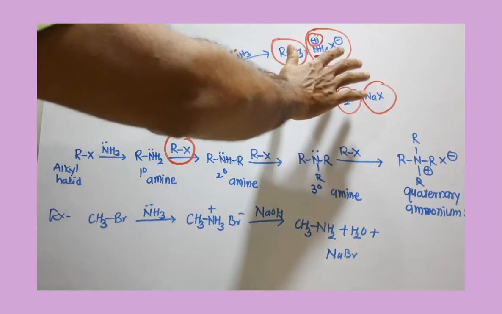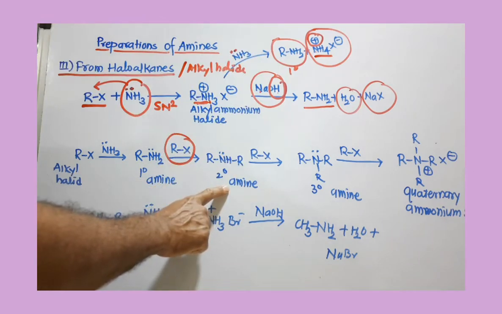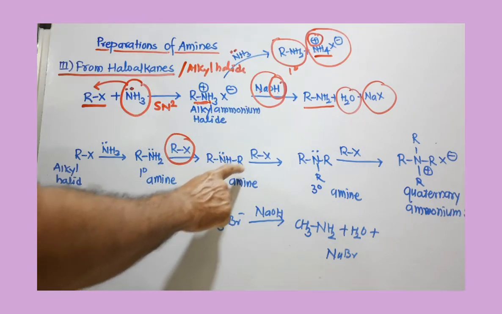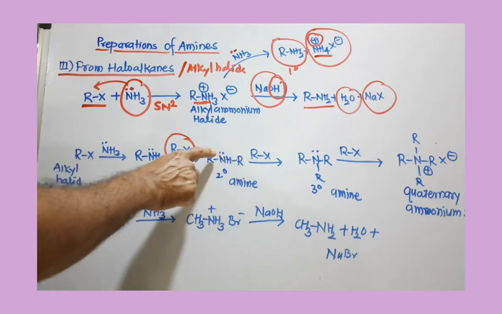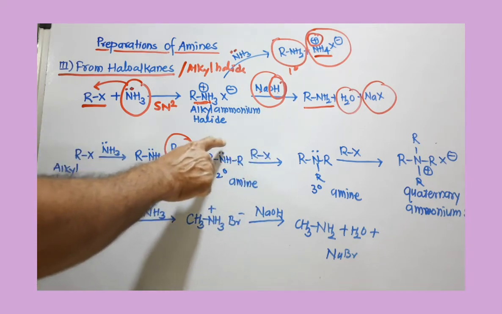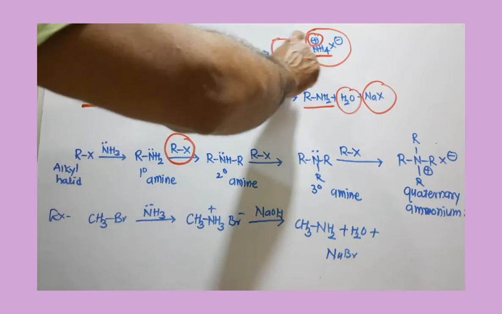So by following this route, it is converted to the secondary amine, and then the secondary amine again reacts with a new molecule of alkyl halide, acting as a nucleophile, and is converted to the tertiary amine.